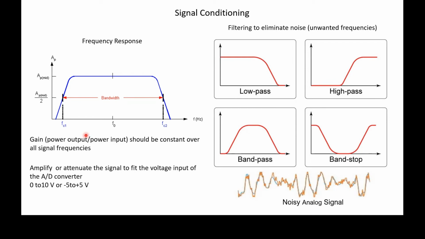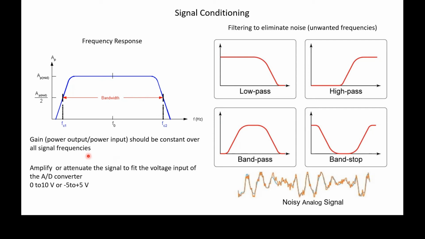That is, of course, not power output over power input. Power is proportional to the amplitude squared. So gain as a term is misused, but it's done so commonly that we talk about it. And that's why we talked about loop gain when we were talking about the respiratory control system. It really isn't loop gain. It's a loop sensitivity, if you like. Output over input is sensitivity.